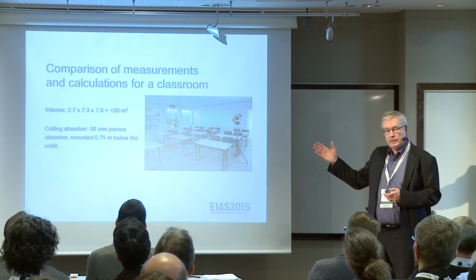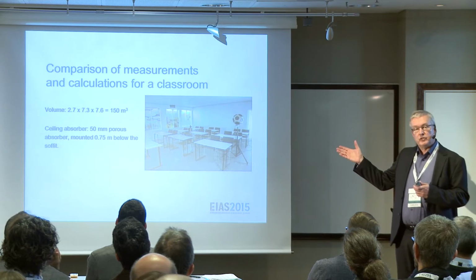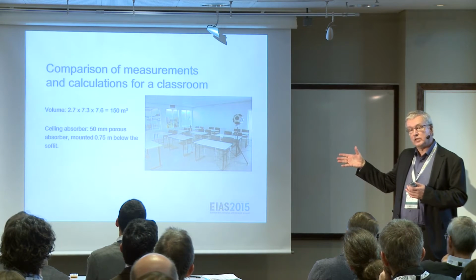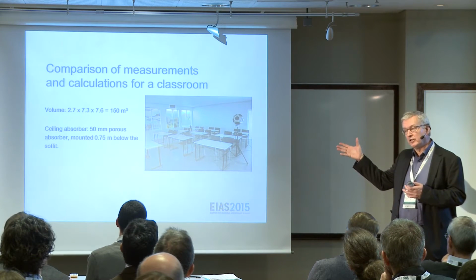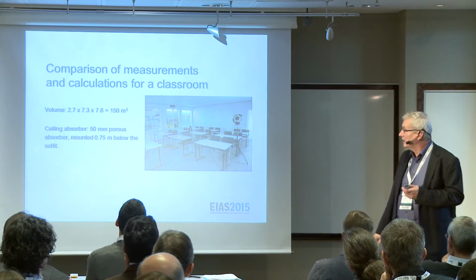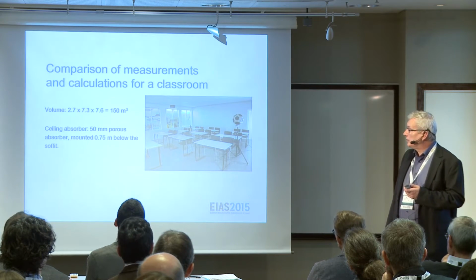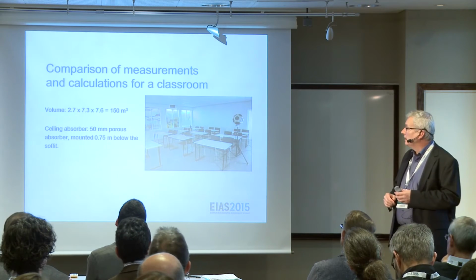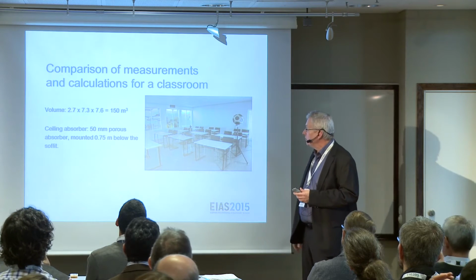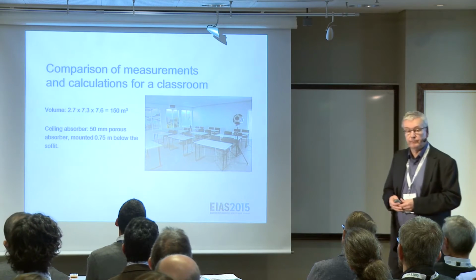And I have to say, when I estimated the scattering, we did the measurement with and without furniture. So of course I used the value that is measured in the room, so that helps to get a good prediction, of course. But I think that this could be done separately. And the furniture here, as you can see, is a table and chairs and typical classroom furnishing.